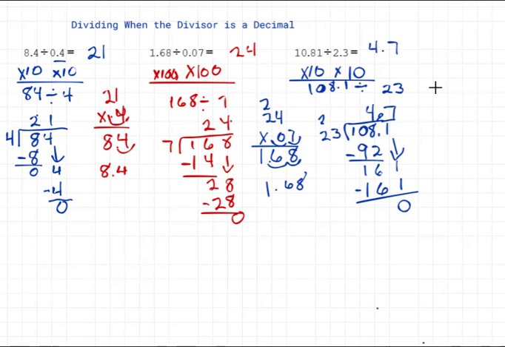Now I'm going to check the answer. I'm going to take the divisor of 2 and 3/10 and multiply that by 4 and 7/10. 7 times 3 is 21. Carry the 2. 7 times 2 is 14 plus 2 is 16. I'm going to put my 0 because I'm now going to the tens place. 4 times 3 is 12.